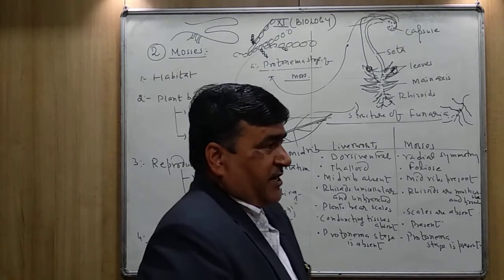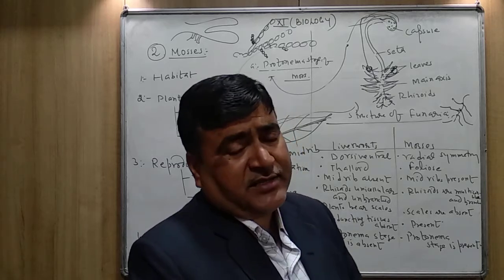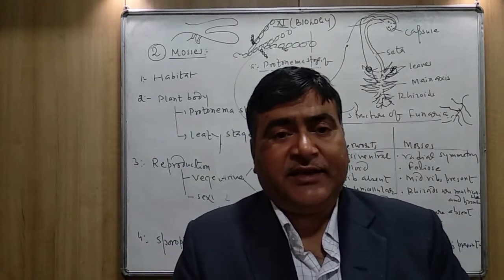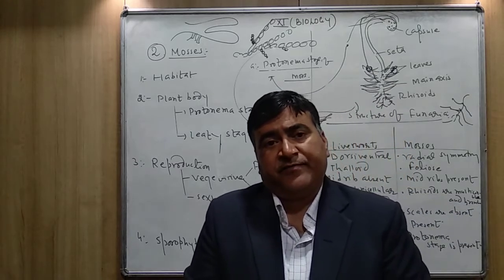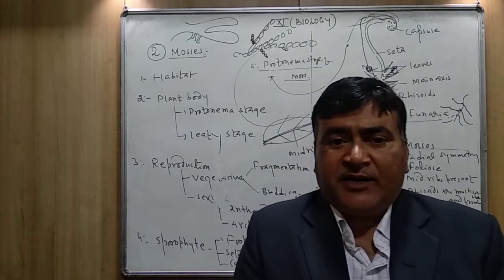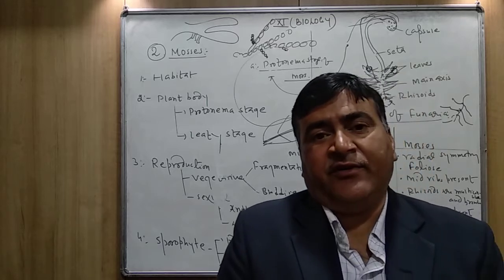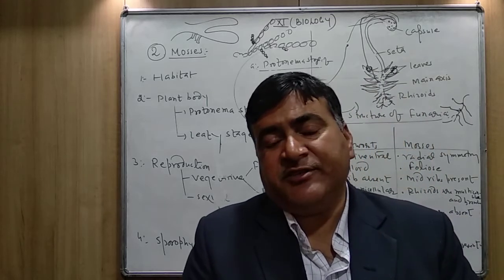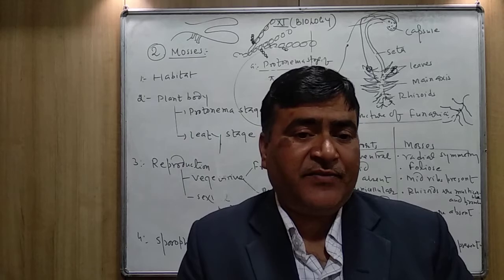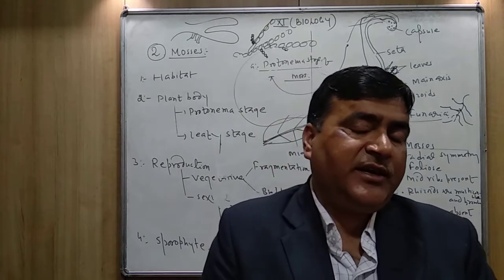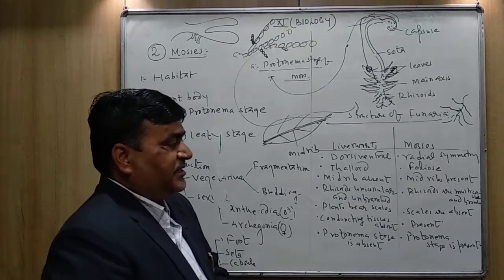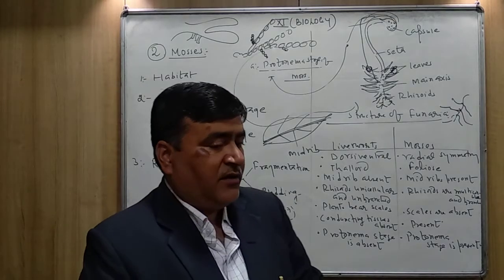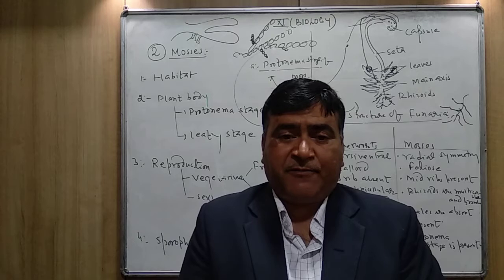The protonema stage is absent in the case of Marchantia, like in all the liverworts, either Riccia or Marchantia. The body has only one stage, which is thalloid in nature. But as I told you, in mosses the plant body has two stages, the protonema and the leafy stage.